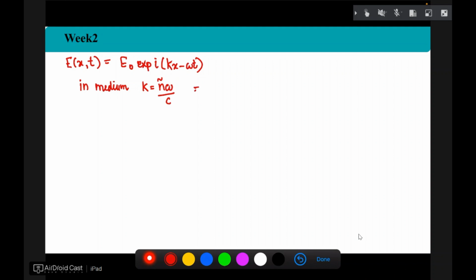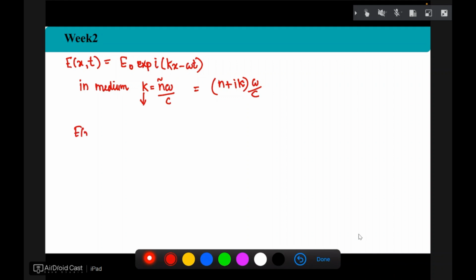So we can write it as (n plus i kappa) omega by c. Here k is the wave vector and this kappa is the extinction coefficient.